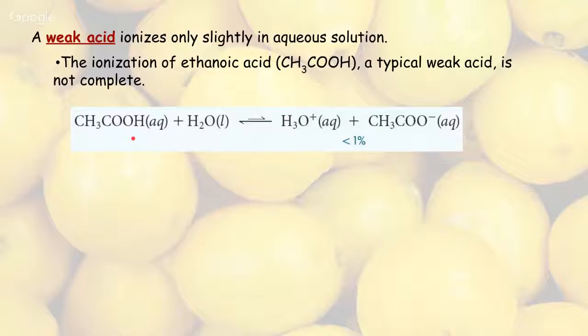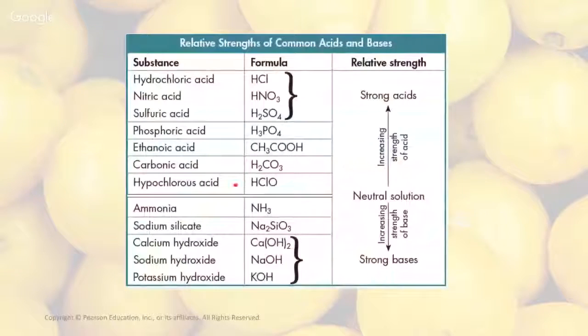So at equilibrium, you have a mixture of undissociated ethanoic acid and the dissociated ions, hydronium and the acetate.